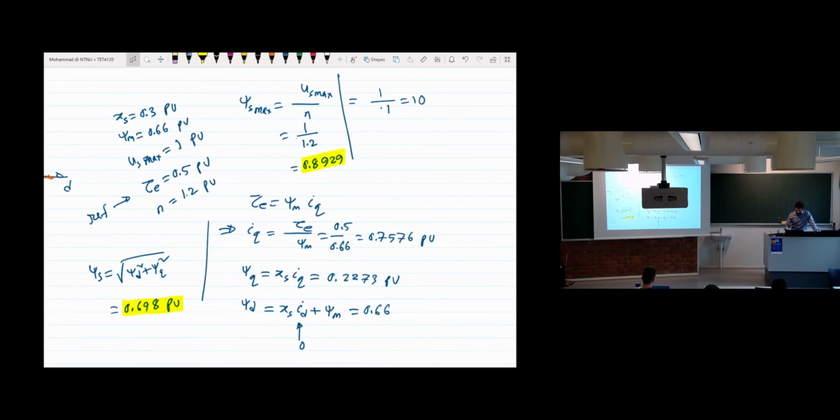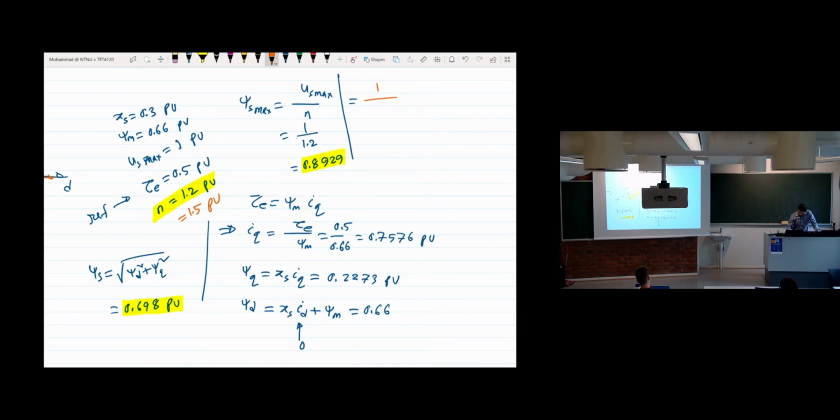For example, same case. Now I want to increase the speed of the machine. Like here we have the speed 1.2. Now I want to have the speed 1.5 per unit. If we want to have the speed 1.5 per unit, then what would be the maximum stator flux?